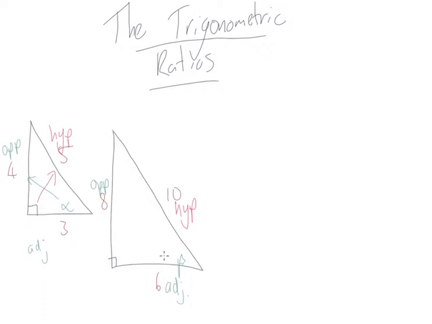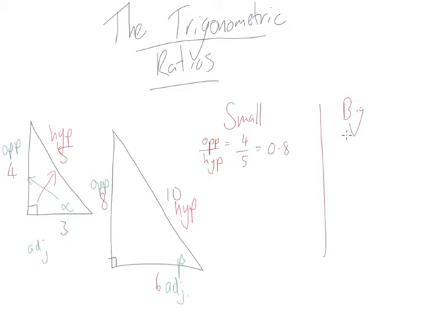So looking at ratios, if I look at my small triangle here, say I took the ratio of opposite over hypotenuse. So this is a small triangle, we'll do a big triangle on this side. If I take opposite on hypotenuse, it's going to be 4 on 5, and that equals 0.8.